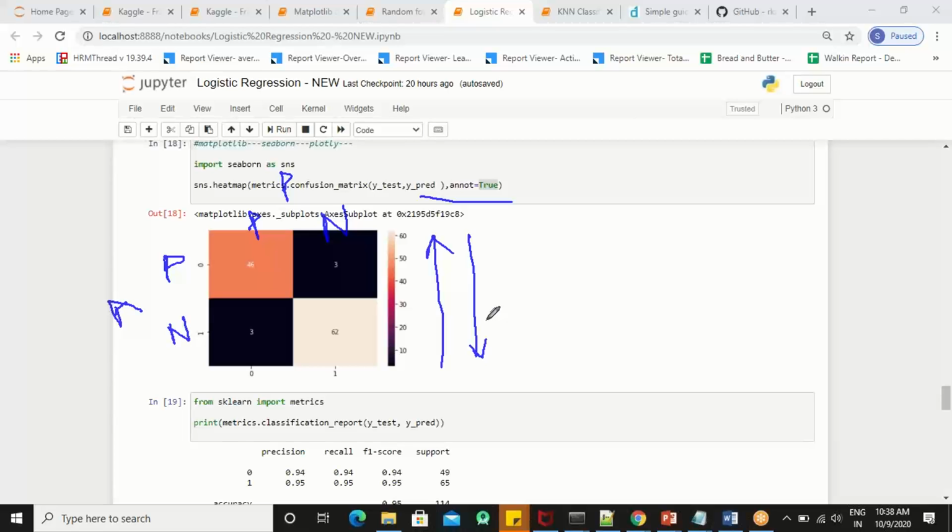Okay. So false positive, what do you mean by false positive? The question is, let me say this is A and this is B. So you are saying A or B, please.